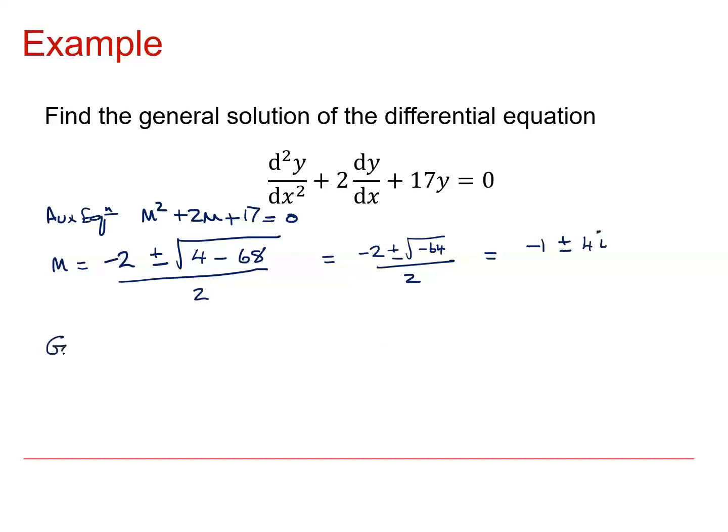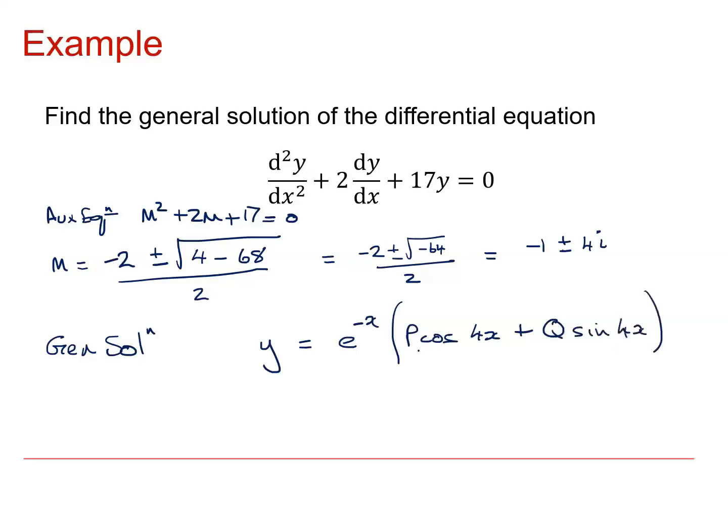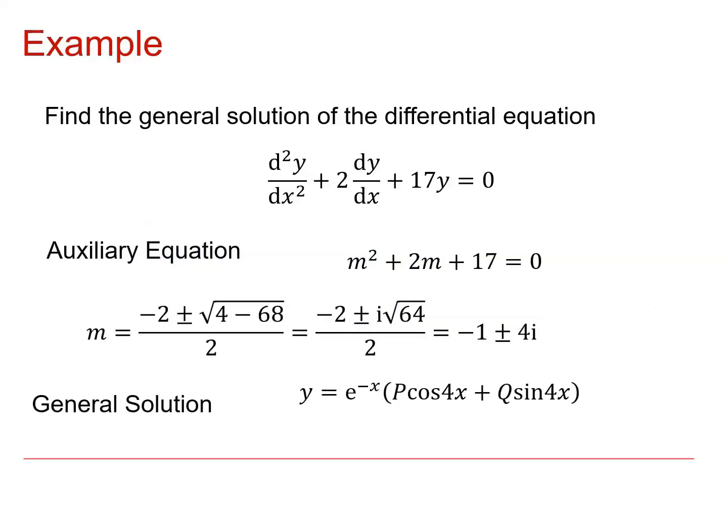So my general solution is going to be y is equal to e to the minus x (P cos 4x plus Q sine 4x). And again, there's that a bit more tidily.